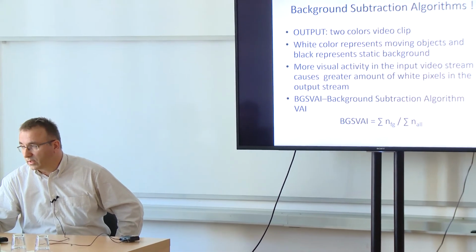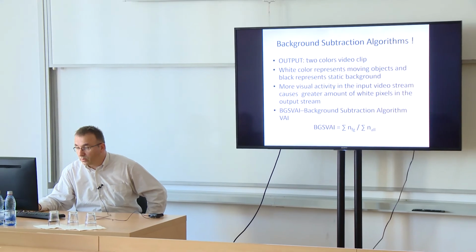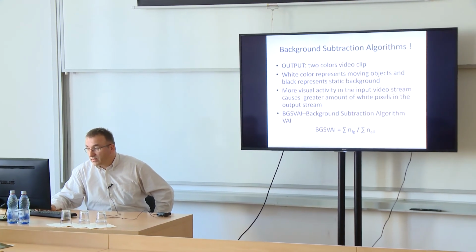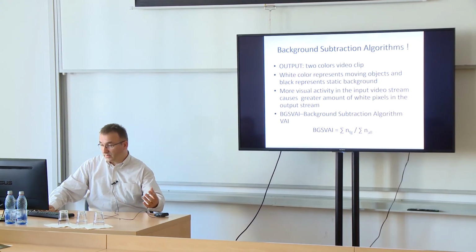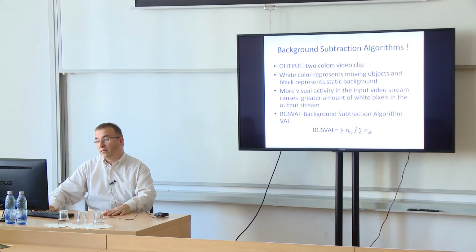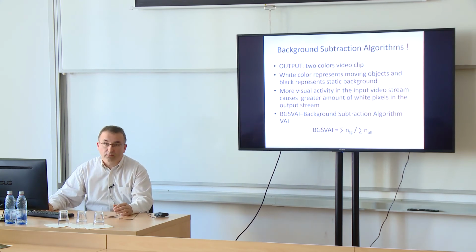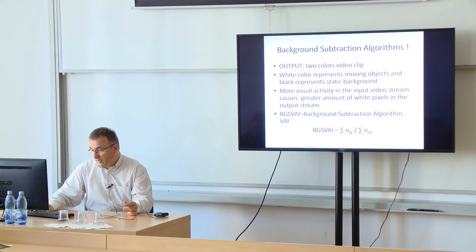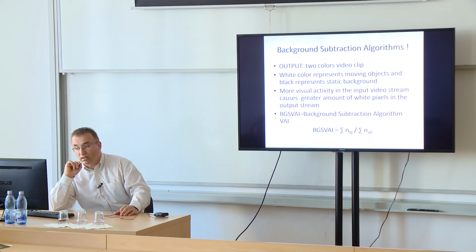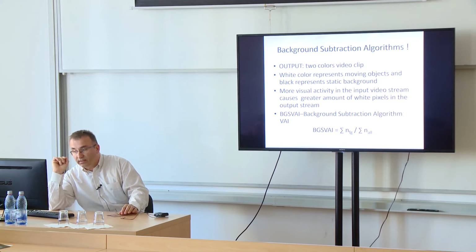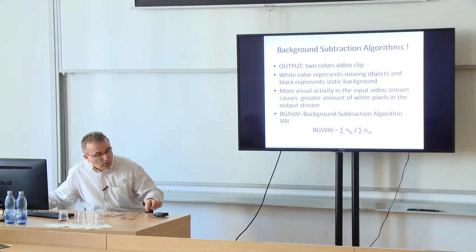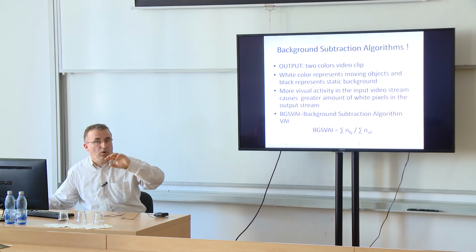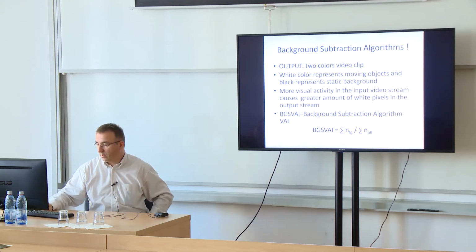The output of the background subtraction algorithm is a two-color video clip: white represents moving objects and black represents the static background. More visual activity in the input stream causes a greater amount of white pixels in the output stream. So the main idea of the background subtraction visual activity index is to sum the number of foreground, white pixels and divide it by all pixels in the whole movie.